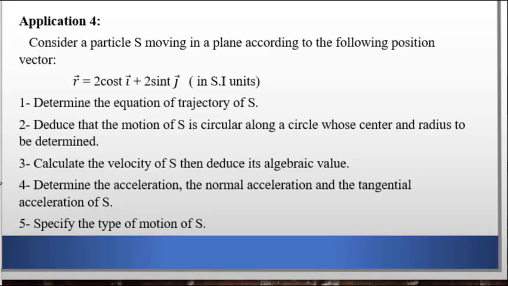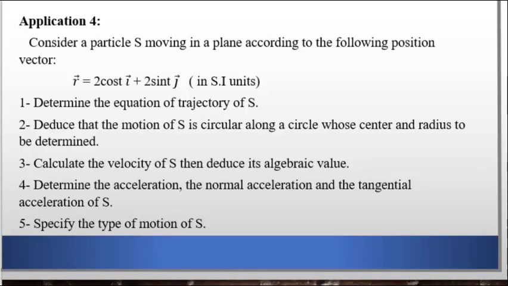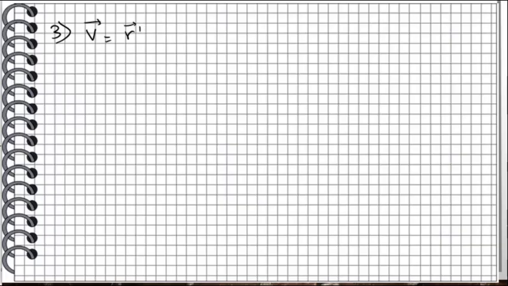Part 3. He said calculate the velocity of S, then deduce its algebraic value. V is simply the derivative of the r vector. And don't forget that the derivative of cosine is minus sine, so 2 is not touched.